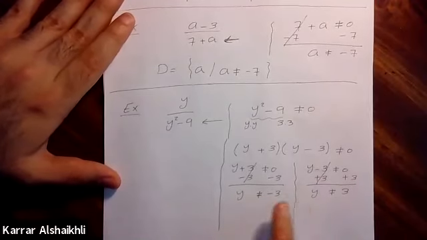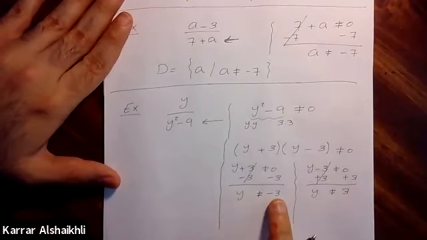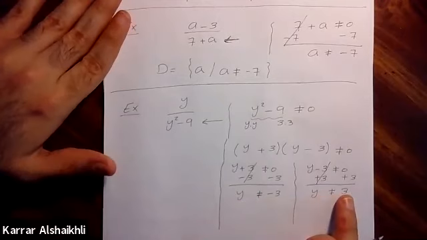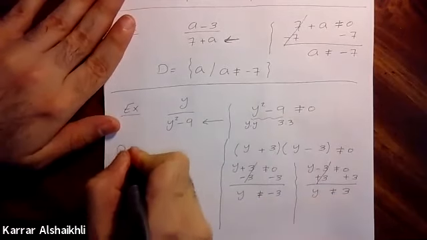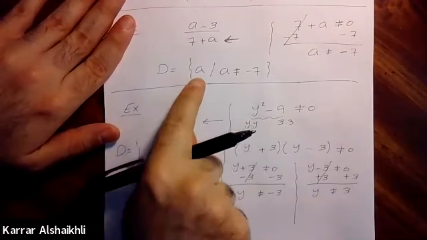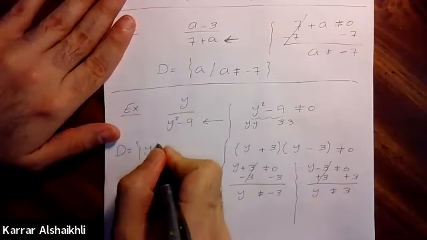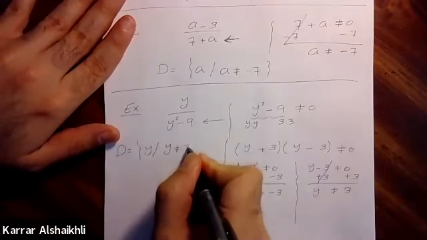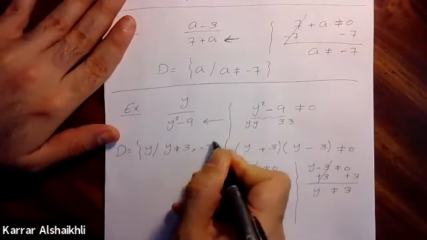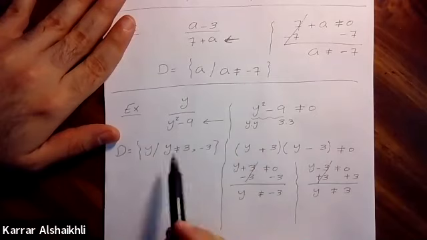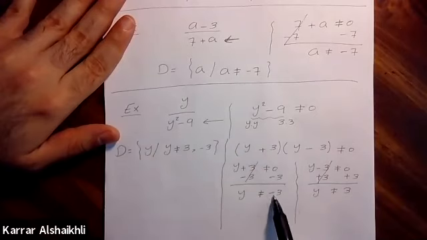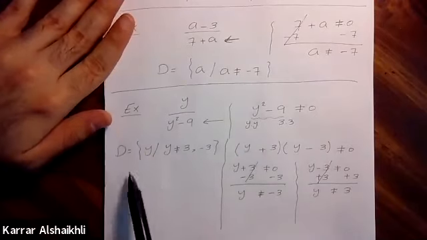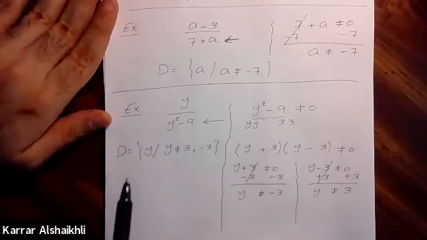That means I have two solutions: y not equal to negative 3 and y not equal to 3. So the domain is going to be, instead of a, I'm going to put y, such that y not equal to 3 and negative 3. Y is not equal to two numbers, 3 and negative 3. This is the domain for these questions.